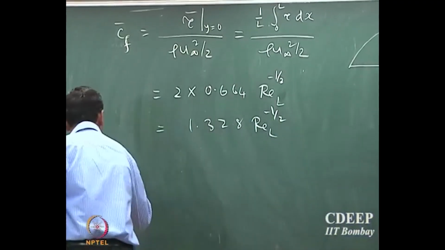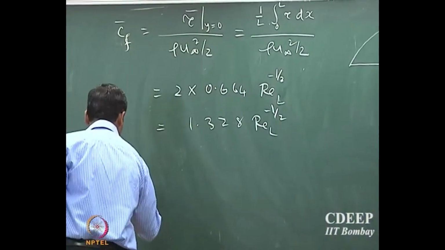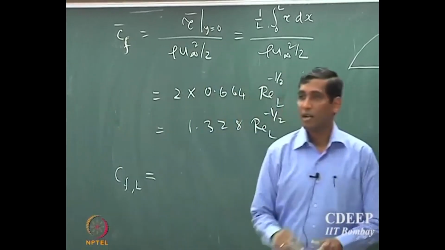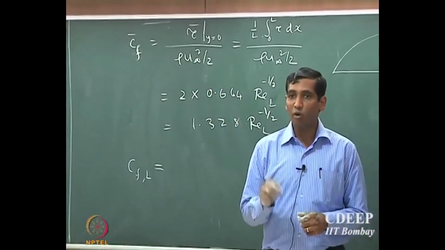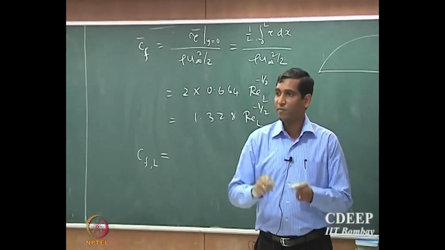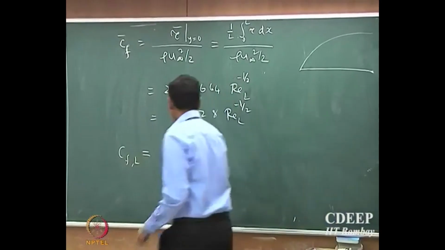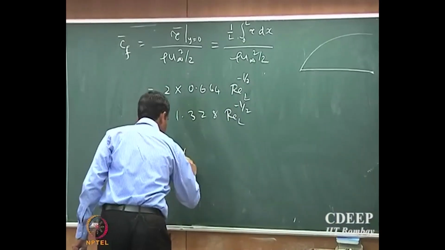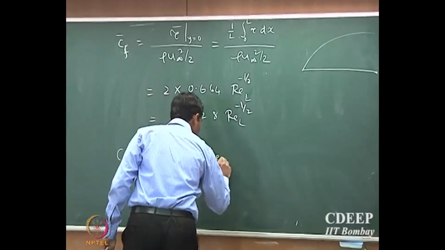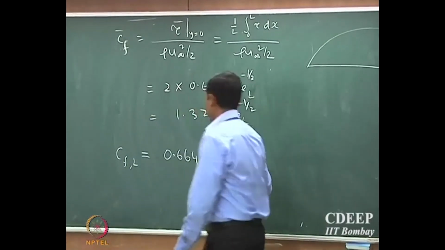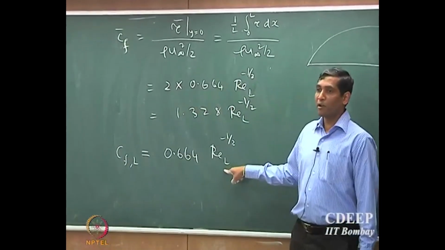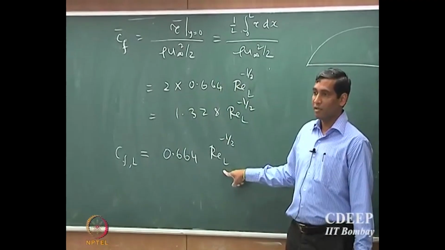So if I find the local friction coefficient at the end of the plate, that will be 0.664 into Reynolds number based on the length of the plate to the power of minus 1 by 2.